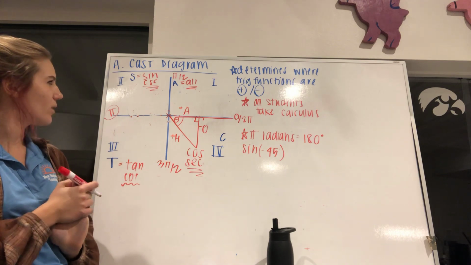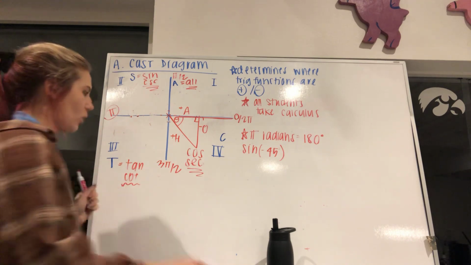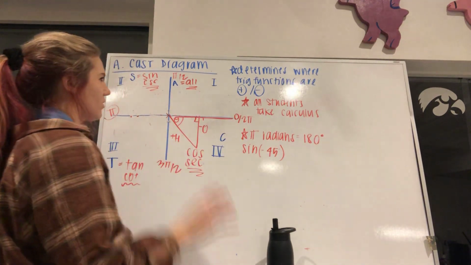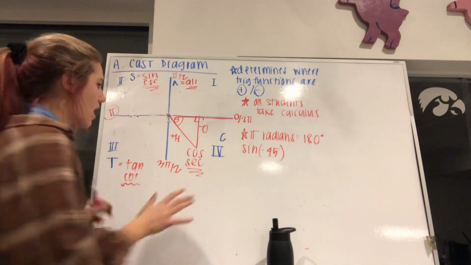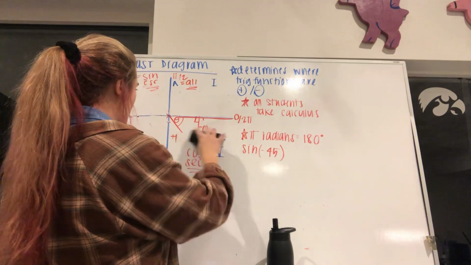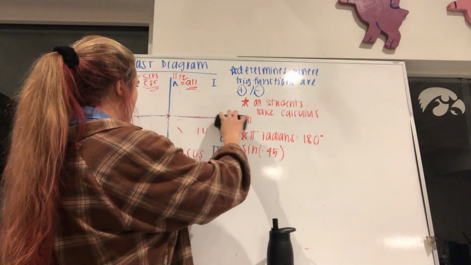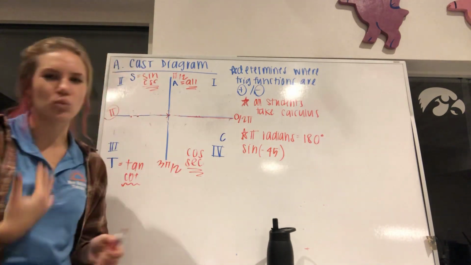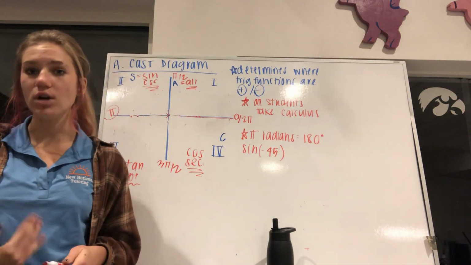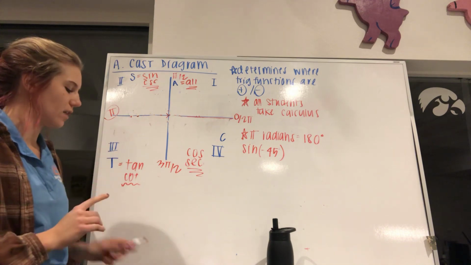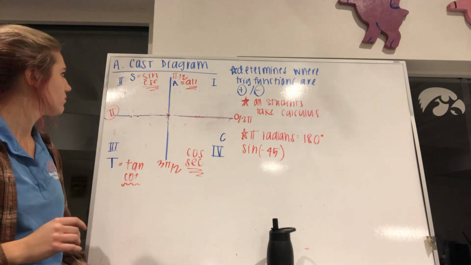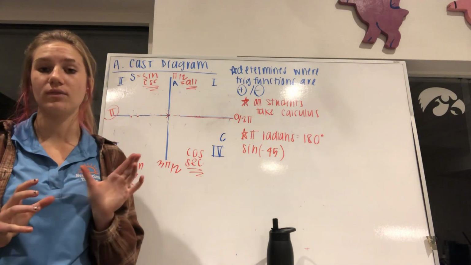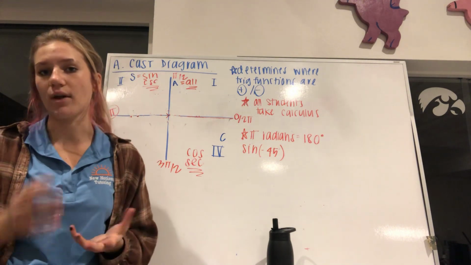Okay, so that was a little bit of work, but hopefully now you understand the rules behind this. And again, it's not super important that you're able to reason out on the test why these things are the way they are, but I just think it really helps to see, oh, okay, that's why only sine is positive here, because it has to do with the sign of the actual lengths of the triangle.